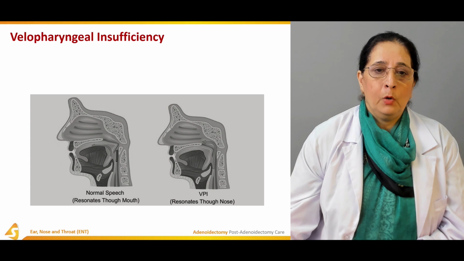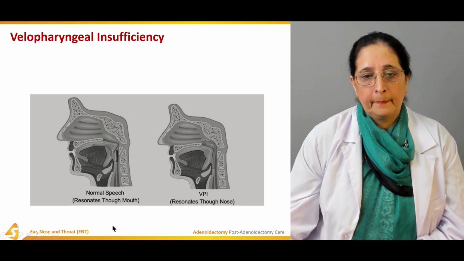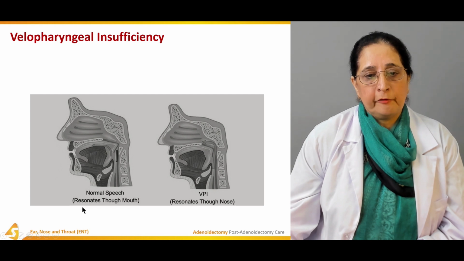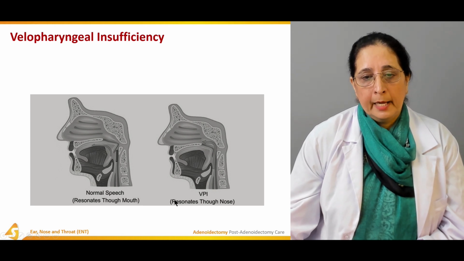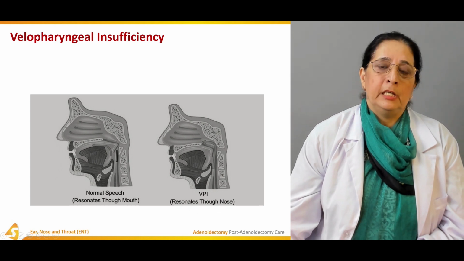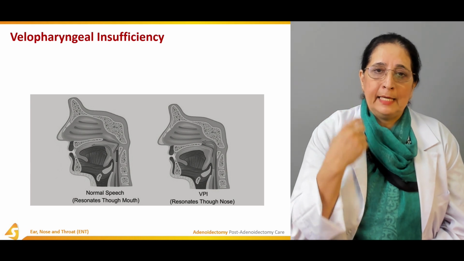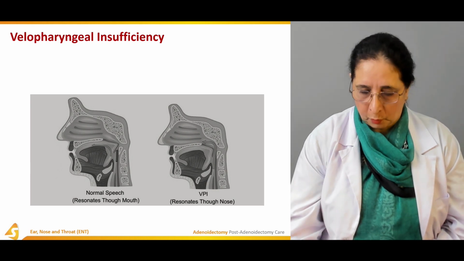Then we have velopharyngeal insufficiency. Normal speech resonates through the mouth, while a patient with velopharyngeal insufficiency resonates through the nose, giving a nasal twang to the voice.